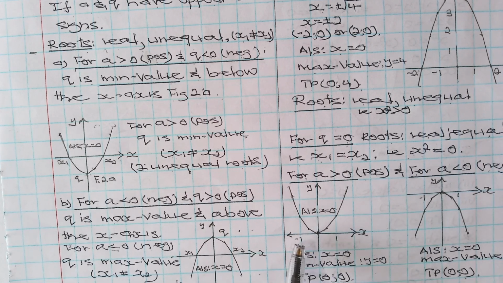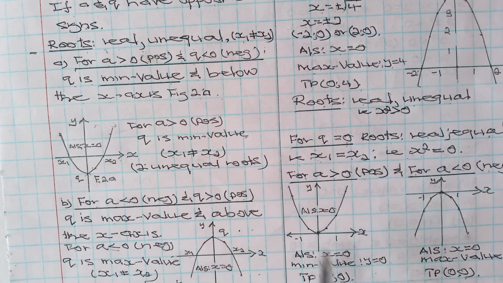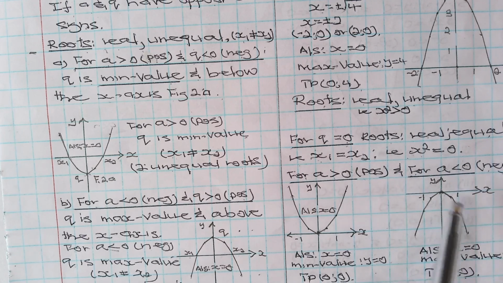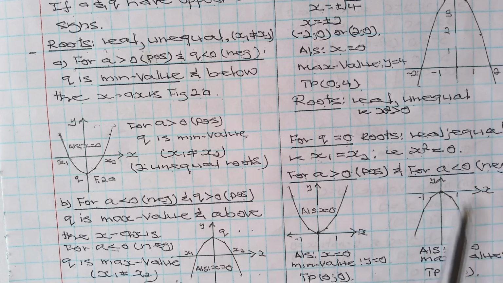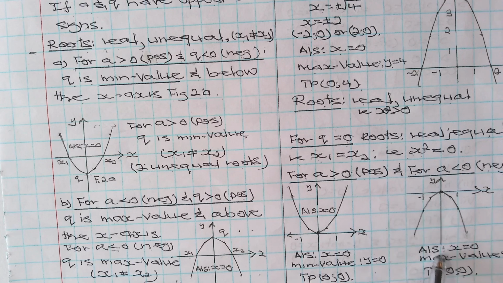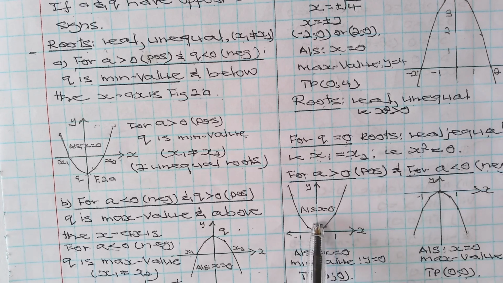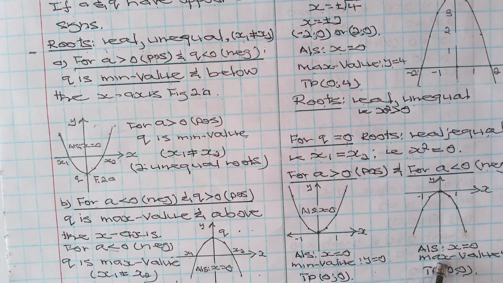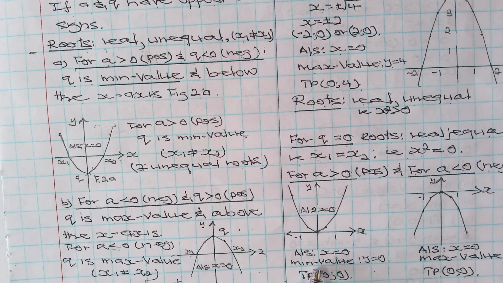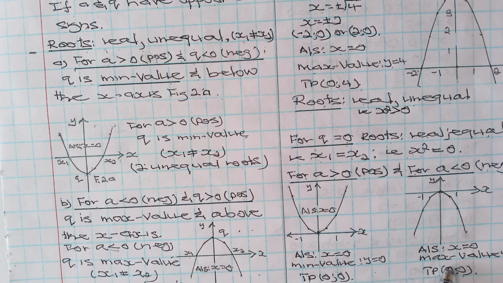Let us look at what we're talking about. The roots are real and equal. x1 is 0, x2 is 0. They are equal. The same with this one. If it opens downwards, it becomes negative. Axis of symmetry, the same as here. Maximum value, the same as here. In this case, it's minimum or maximum.